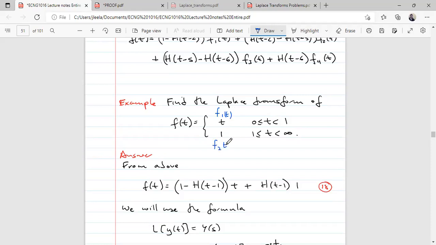So it will be 1 minus h(t - 1) times f1(t), which is t, plus h(t - 1) times f2(t), which is 1.